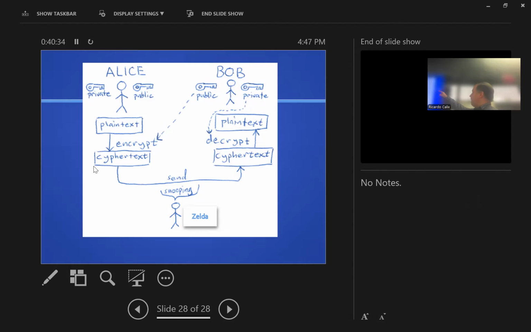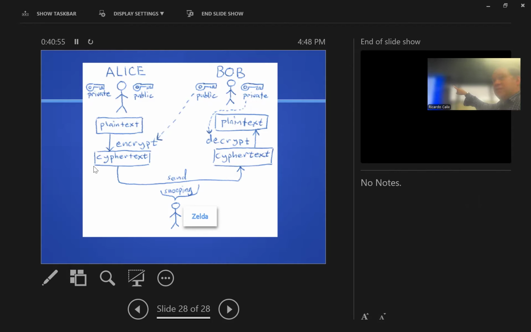So anyway, you have the plain text. Alice uses Bob's public key. She encrypts the message with RSA, produces a ciphertext, and sends the ciphertext across the insecure internet. Zelda is snooping, but if she doesn't have Bob's private key, she cannot decrypt the message.